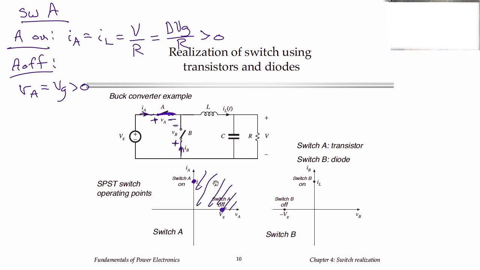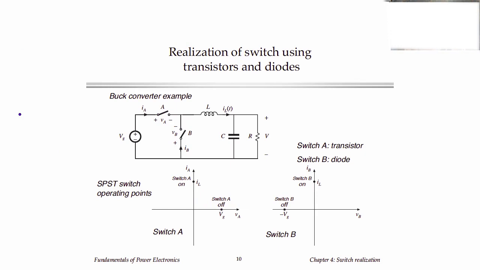We're in quadrant 1, and therefore with quadrant 1 we can realize the switch with a transistor, say an IGBT. Okay, so an IGBT will block positive voltage and conduct positive current, which is how it's designed to operate.